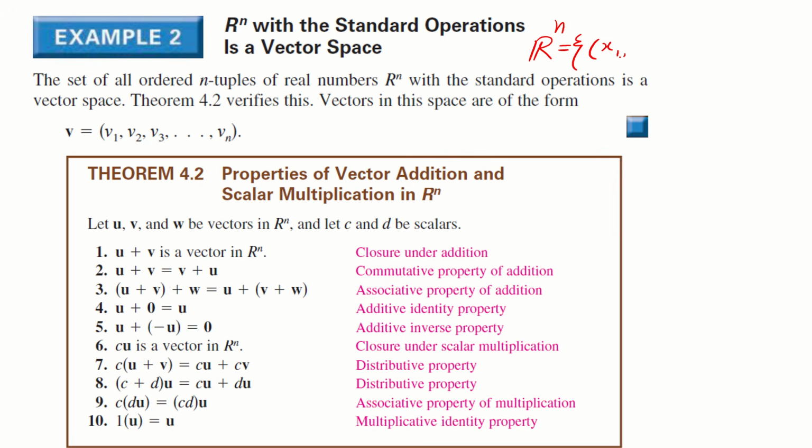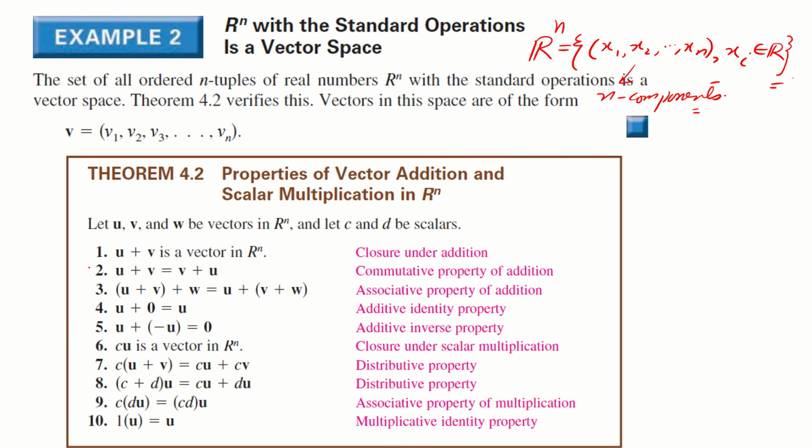It's (x1, x2, up to xn), keeping in mind this element would contain n components, where all these xi's will be real numbers. The concept is exactly the same as in R2. In R2 you will just replace this n with 2.